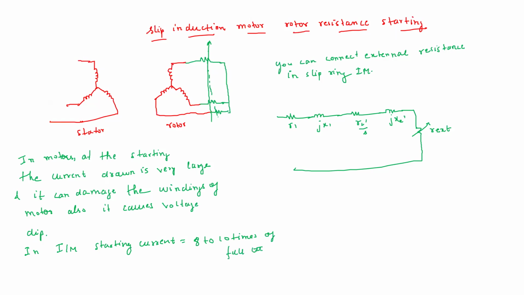What can happen is it can cause, first of all, damage in the windings. Then another thing is, suppose in an industry some induction motor is running. Whenever that induction motor is starting, it will draw a huge current, and because of this huge current being drawn, there will be a voltage dip to the other loads which are connected.